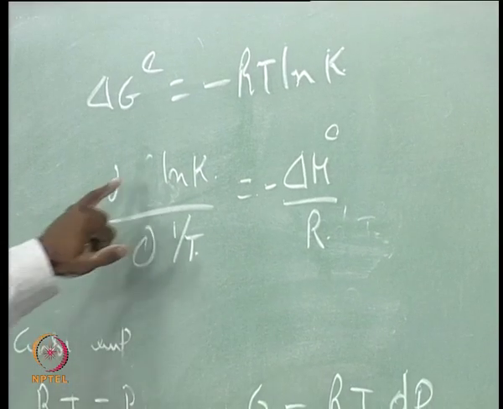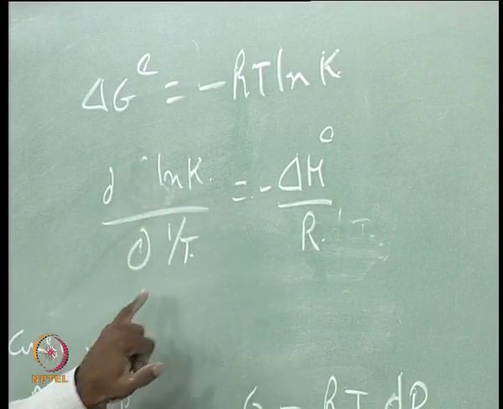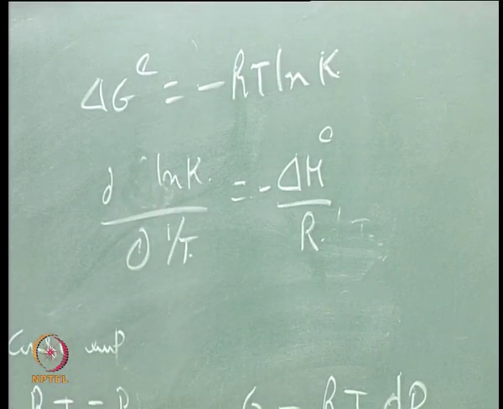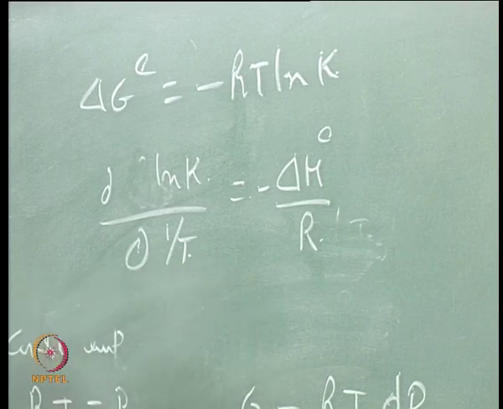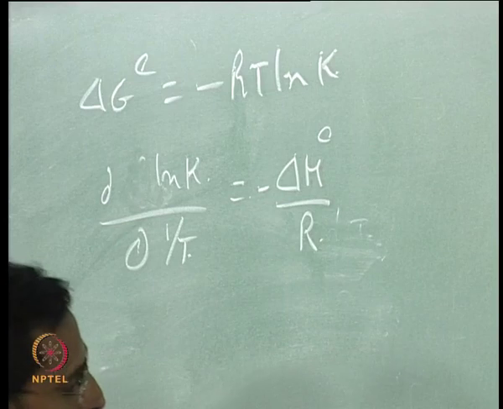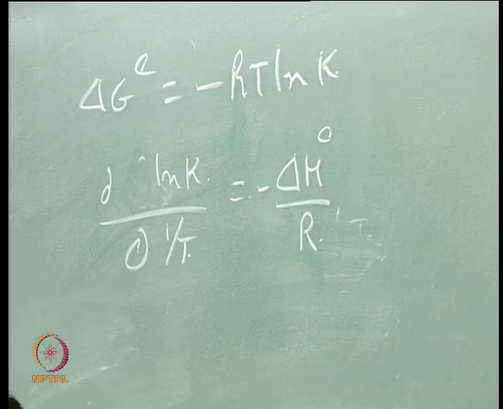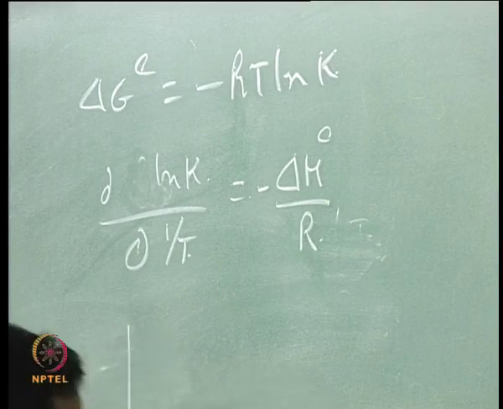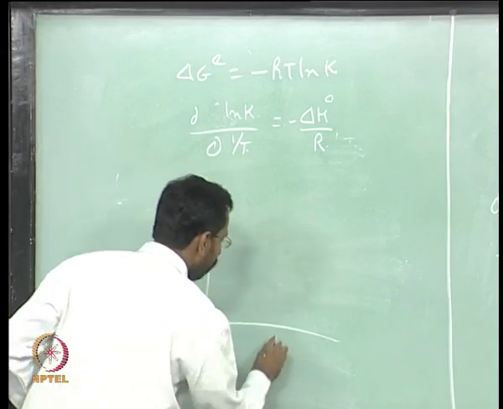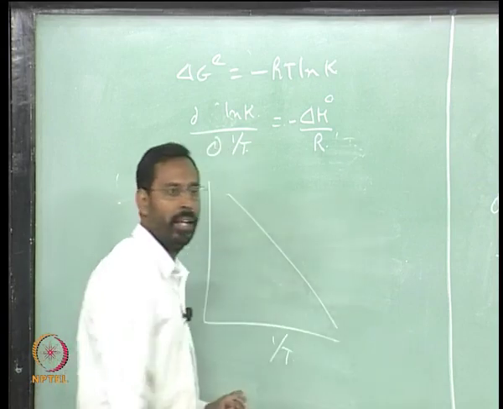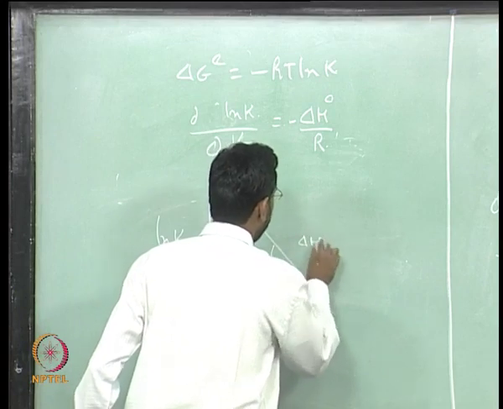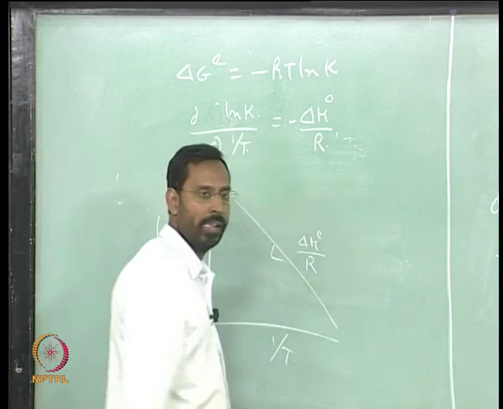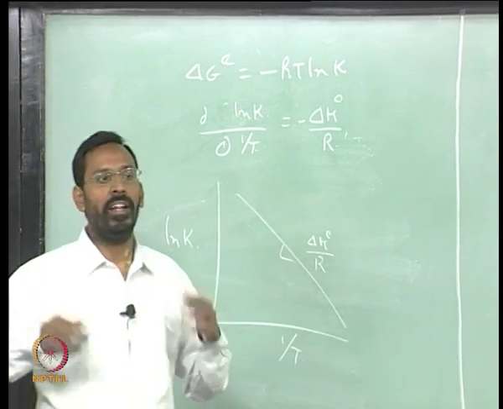So you can see that dou of ln K by dou 1 by T, that means if I have the K values, what is called the equilibrium coefficient values, as a function of temperature, and if I plot ln K as a function of 1 by T, I should be able to get a straight line where the slope is delta H naught by R, where the delta H naught is the heat of the reaction.